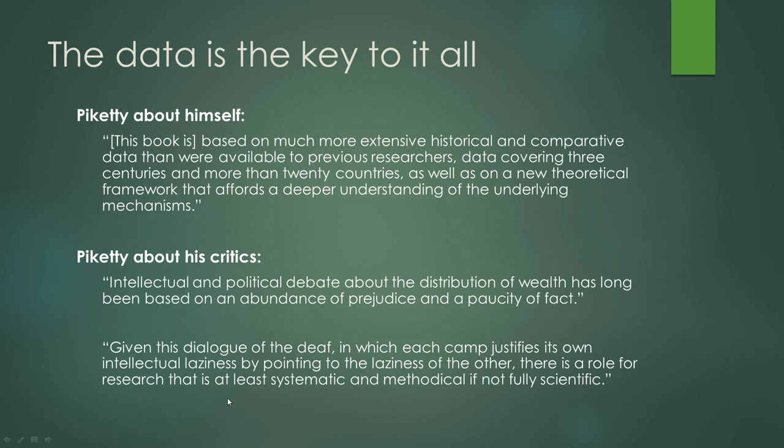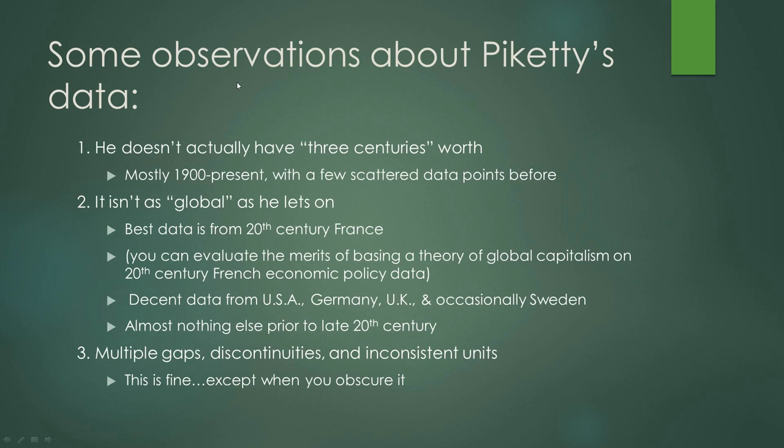So he's trying to set himself apart as the social scientist who's solving an ideological perspective. What I'm going to argue is that ideology actually is very dominant in what would ostensibly be the most scientific element of his project, and that is the data, that is the underlying historical claim.